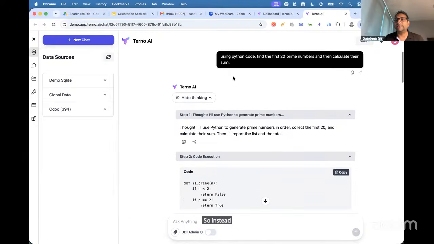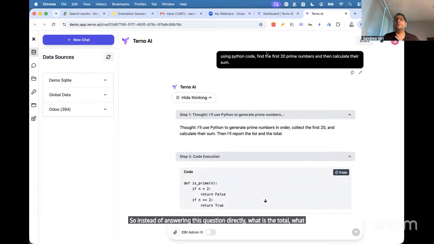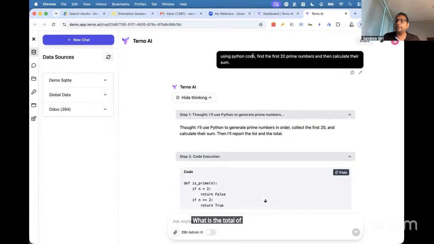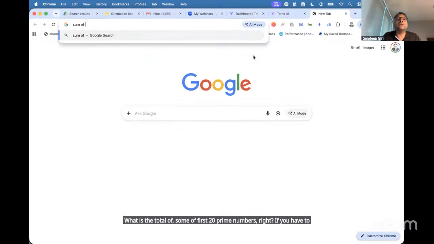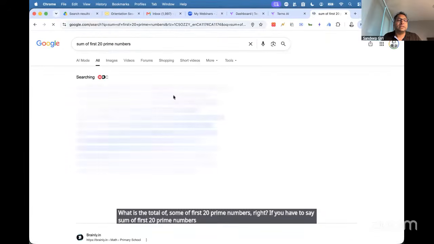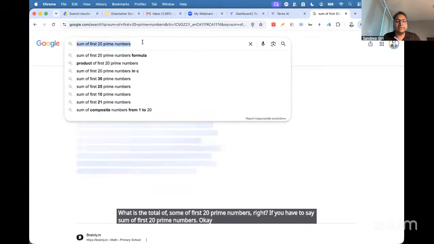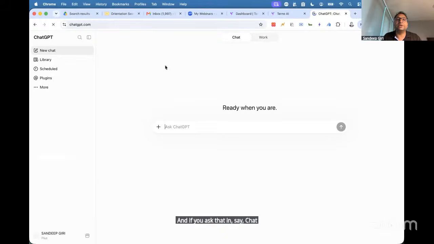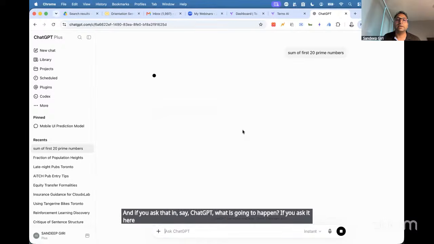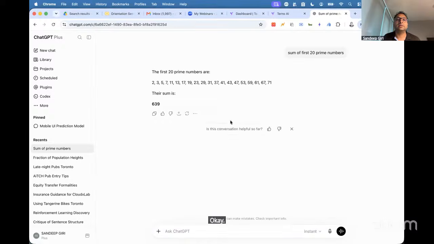So instead of answering this question directly, what is the sum of the first 20 prime numbers? If you ask that in, say, ChatGPT, what is going to happen? If you ask it here, it has done some good job.